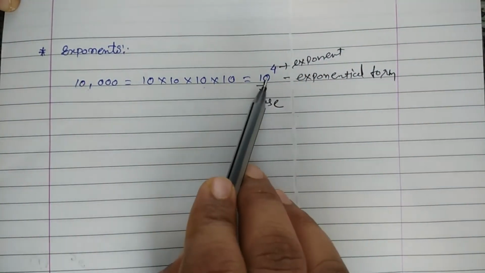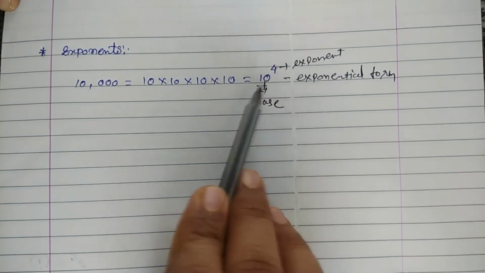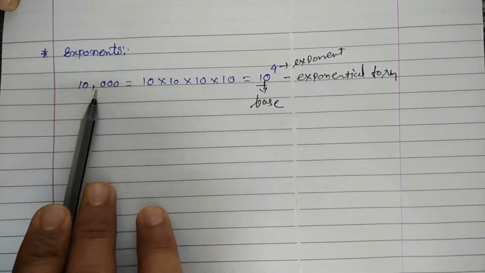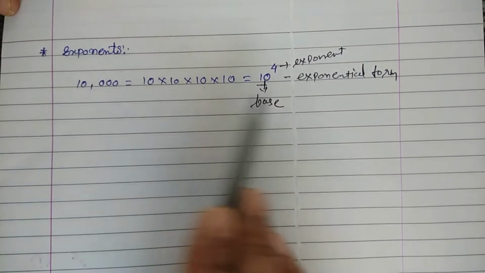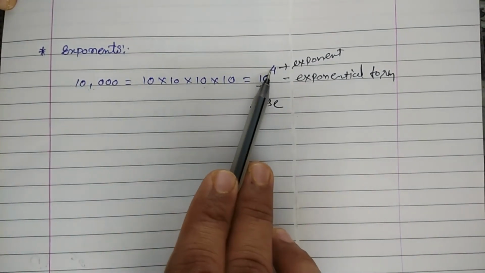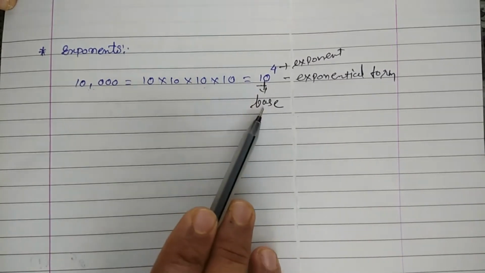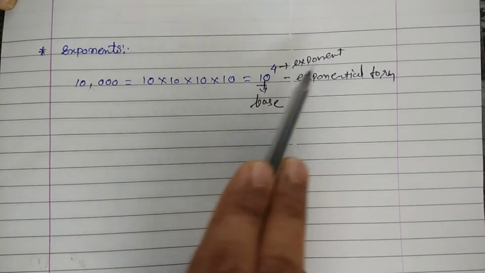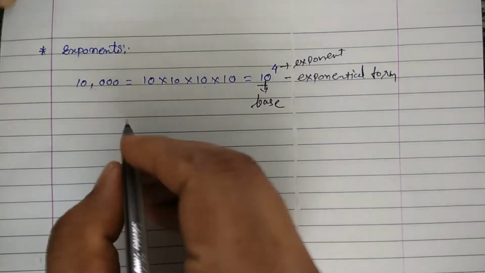Again, this 10 raised to the power 4 is called exponential form for 10,000, and in this exponential form, 10 raised to the power 4, 10 is base and 4 is exponent.